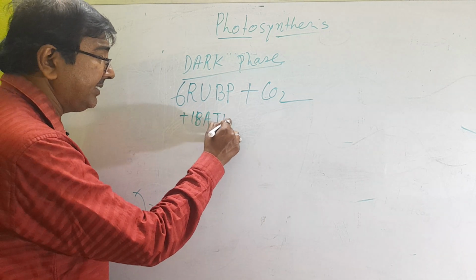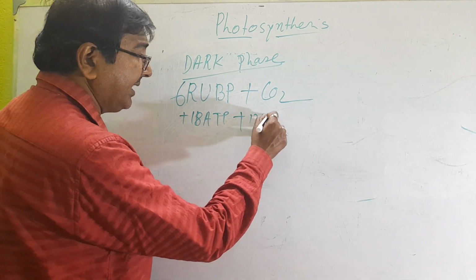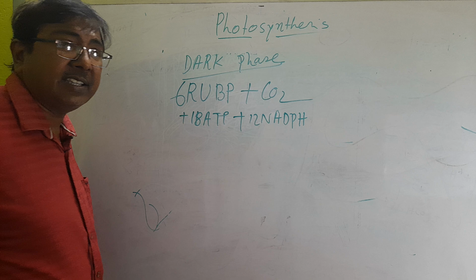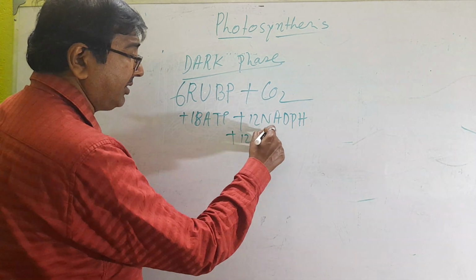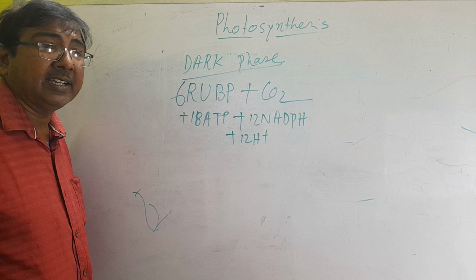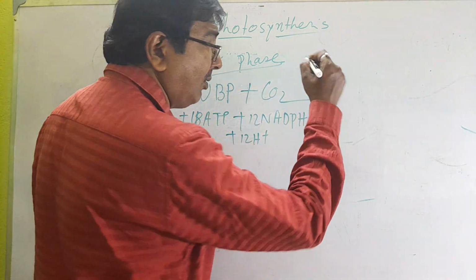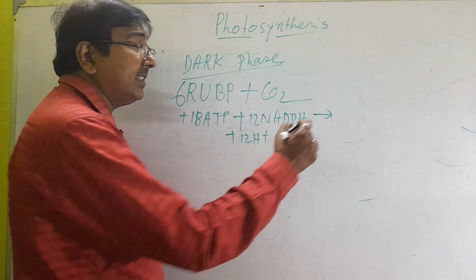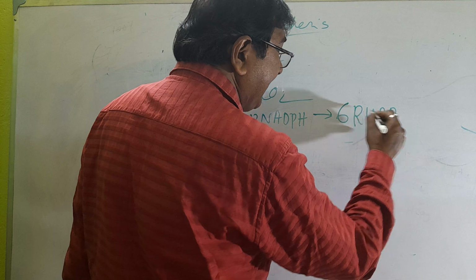Supporting it from the light phase, ATP is there, NADPH is there, and 12 triose ions are there. Then what forms? It forms RUBP again. Why RUBP again?